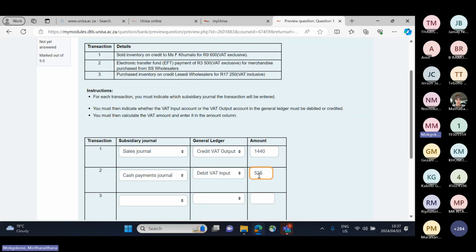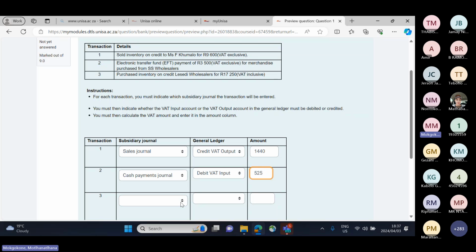Then the next transaction, transaction number 3, we said purchased inventory on credit from Lesedi wholesalers for 17,250, VAT included. Here the business purchased inventory on credit. And remember, we said inventory purchased on credit by the business is recorded under purchases journal.